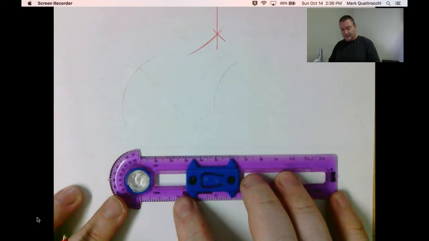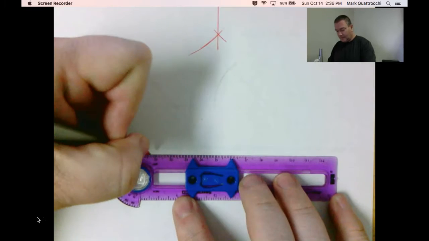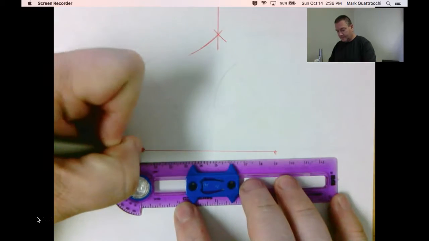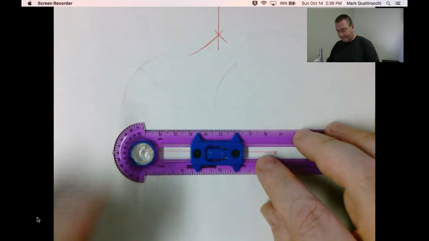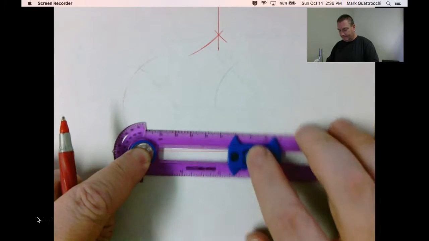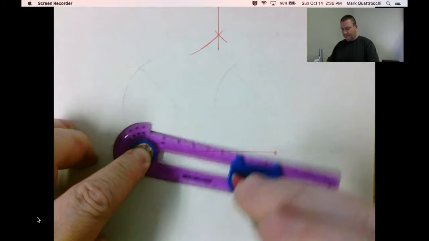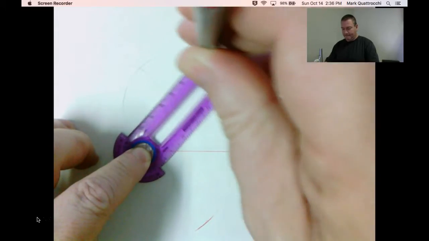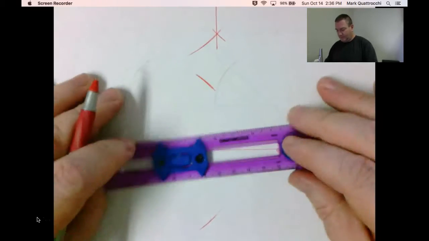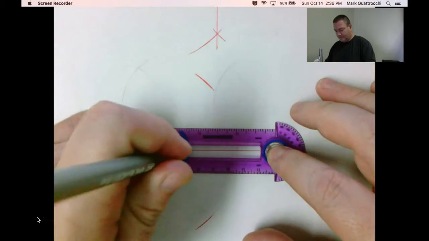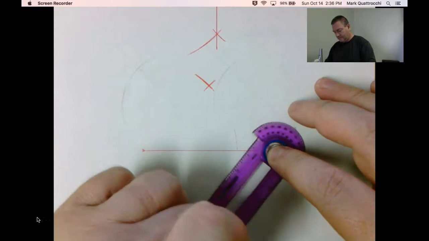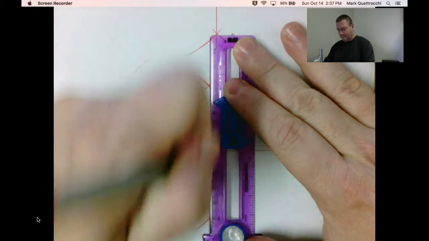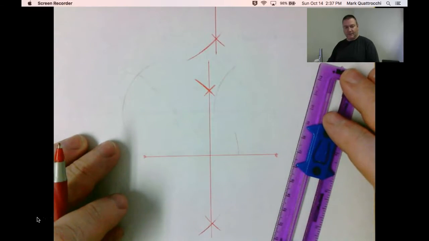So again, I need to start off by making a 90-degree angle. Around. Here's my 90-degree angle.